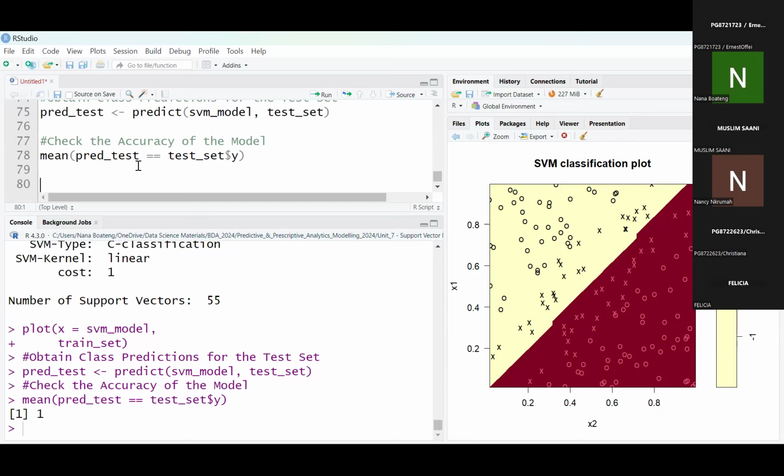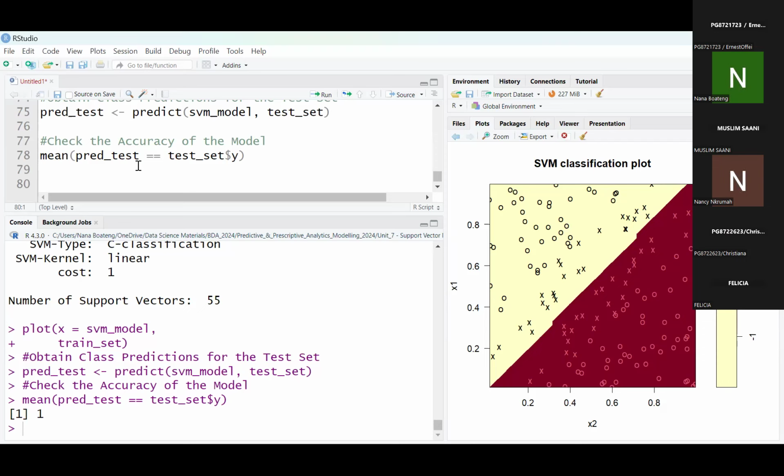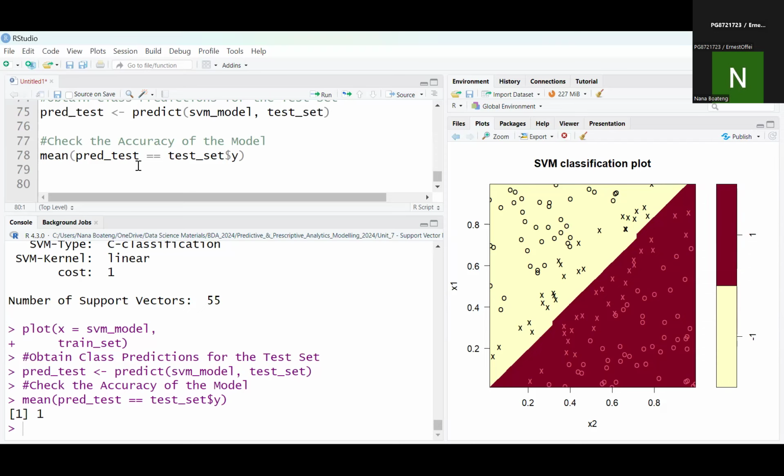The fewer support vectors you have, the lower the probability that you misclassify a data point. So at least this one gives you information about how you can reduce your support vectors, and then you use it to do your prediction.